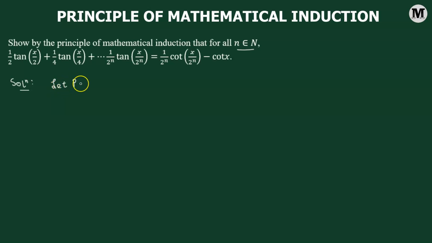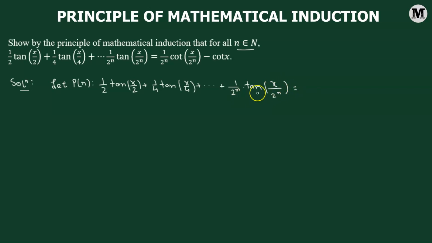Let P of n be the statement such that we have half multiplied to tangent of x over 2, added to 1 over 4 multiplied to tangent of x over 4. This goes all the way up to the last term, which is given by 1 over 2 raised to the power of n multiplied to the tangent of x over 2 raised to the power of n.